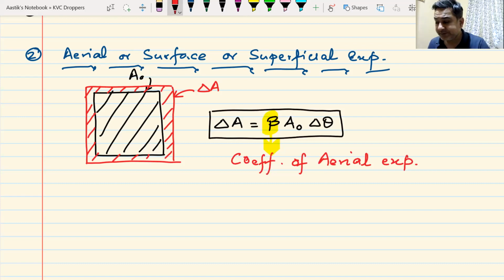Have you noted it down, beta? Then again, we will note down the 4 formulas for this.